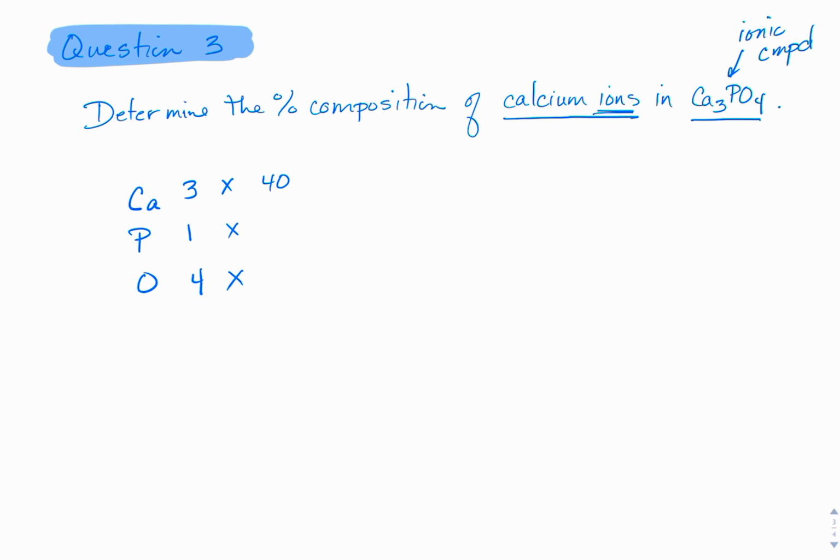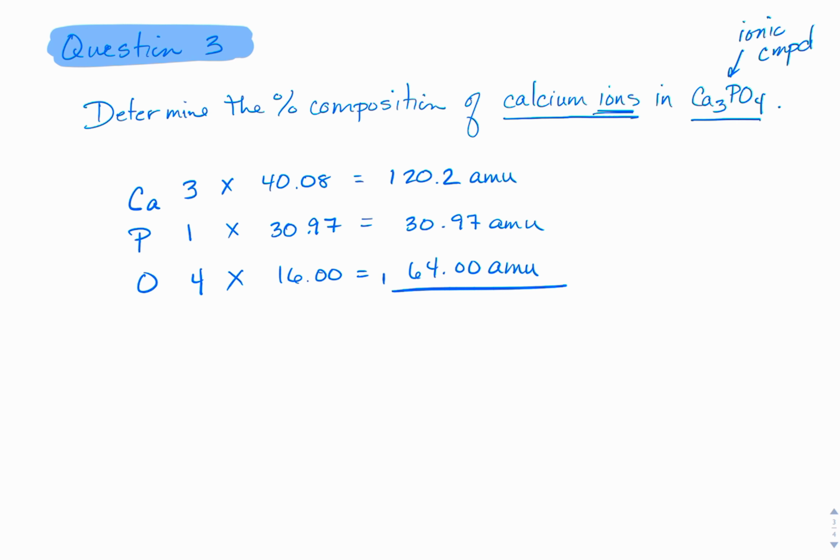Calcium is 40.08, phosphorus is 30.97, oxygen is 16.00, and that sums up to be 120.2 AMUs, 30.97 AMUs, and 64.00 AMUs. And when we add all of these together, we end up getting a value of 215.2 when we round that to the appropriate significant figures.